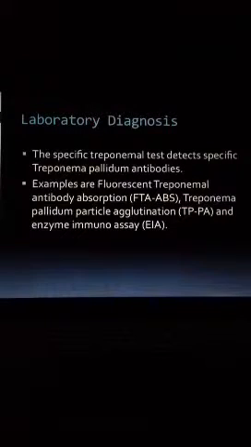The specific treponemal tests detect specific Treponema pallidum antibodies. Examples are the fluorescent treponemal antibody absorption FTA-ABS test, the Treponema pallidum particle agglutination TPPA test, and the enzyme immunoassay EIA test.